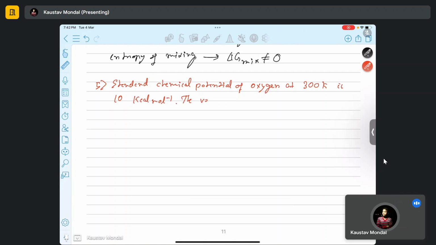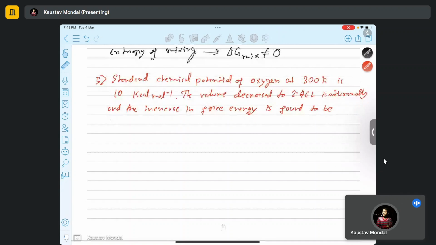The volume decreased to 2.46 liter isothermally, and the increase in free energy is found to be 1.342 kilocalorie.